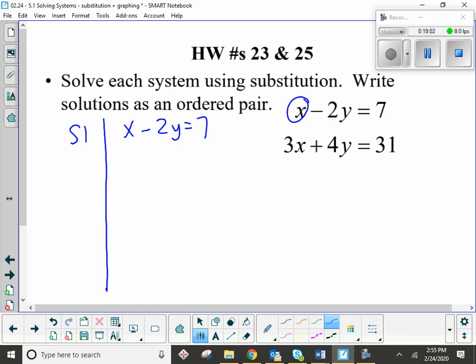I'm glad that you said something. If I'm solving for x to get it by itself, add 2y, right? Add 2y. So x equals 2y plus 7, which is grand. Now read step 2 to yourselves.